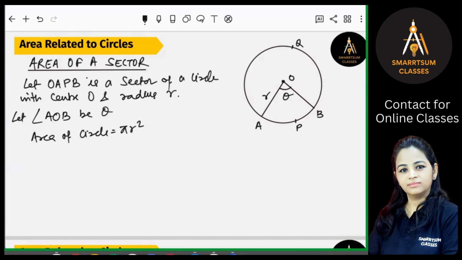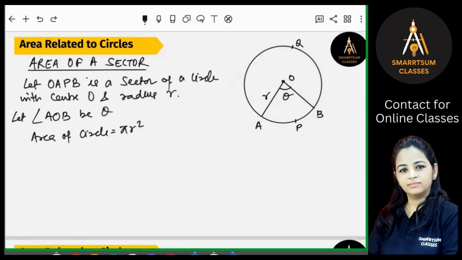Now, in a way, we can consider this circular region to be a sector forming an angle of 360 degrees at the center O. So we consider this whole circular region to be a sector formed by the angle theta equal to 360 degrees at the center O. Now applying the unitary method, we can arrive at the area of the sector OAPB.